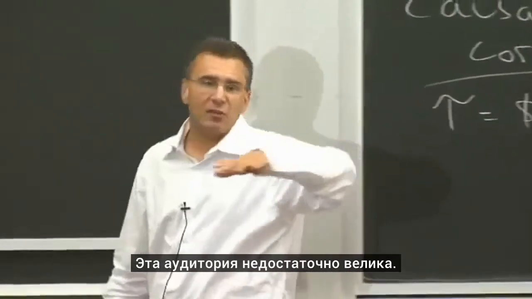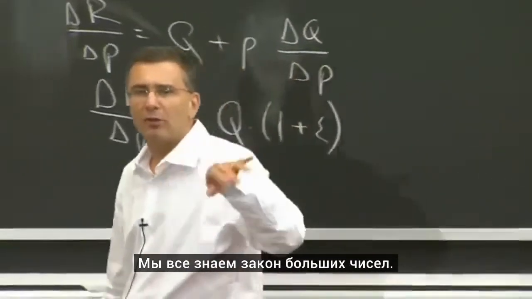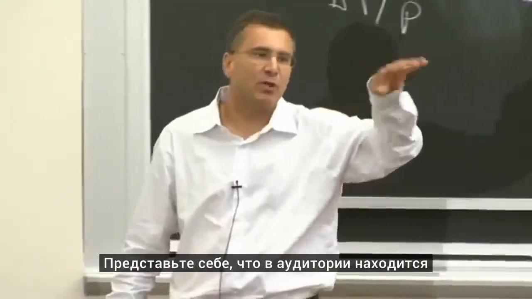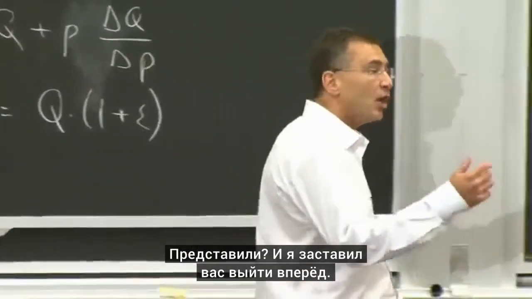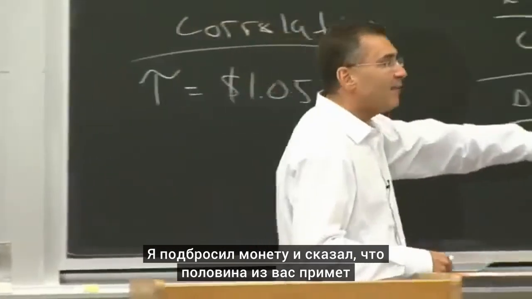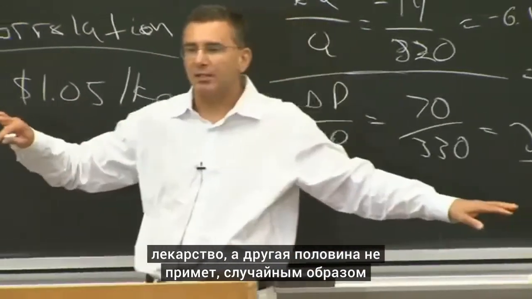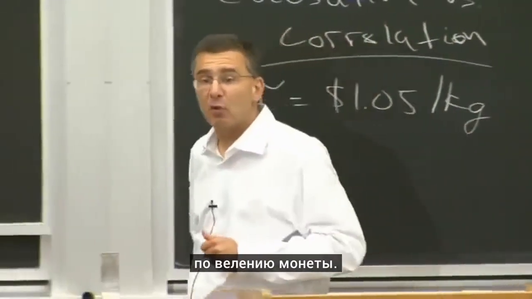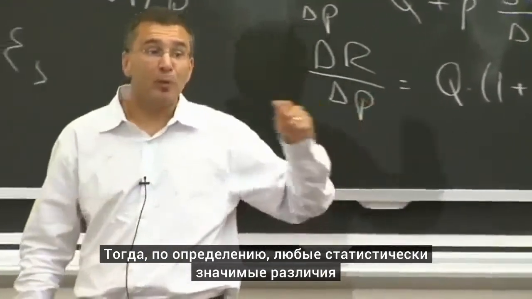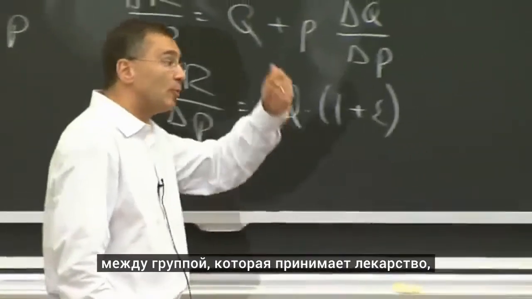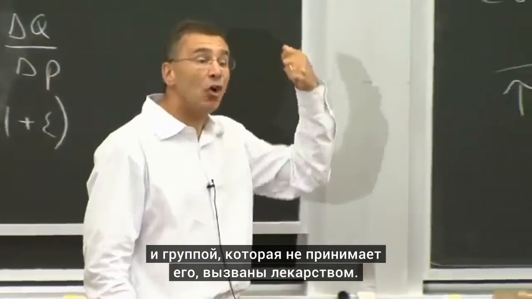We all know the law of large numbers. But imagine there were 4 times as many people in this room or 5 times as many people in this room. Okay? And I had you come to the front, and I flipped a coin and said half of you are going to take the drug and half of you are not. Okay? Randomly by the flip of a coin. Then by definition, any statistically noticeable differences I get between the group that takes the drug and the group that doesn't is caused by the drug.